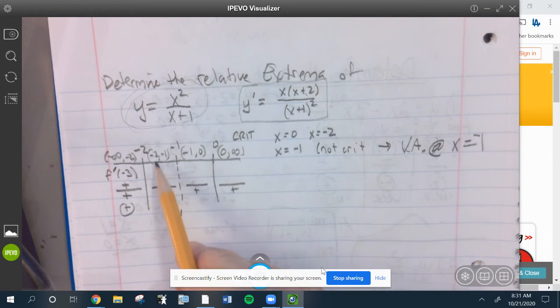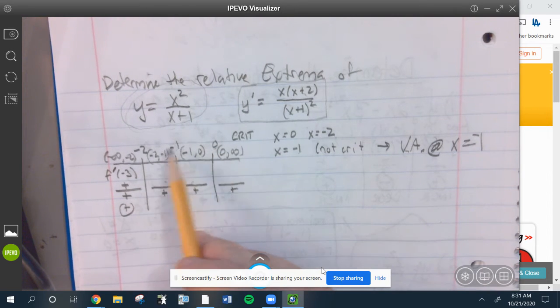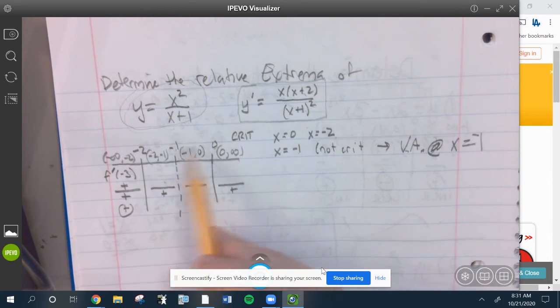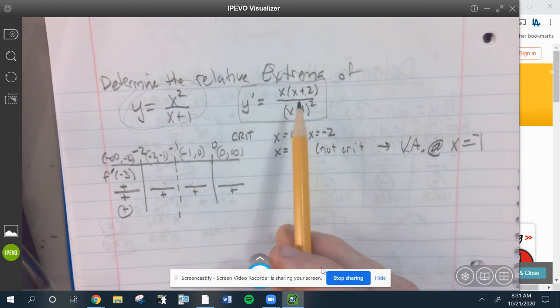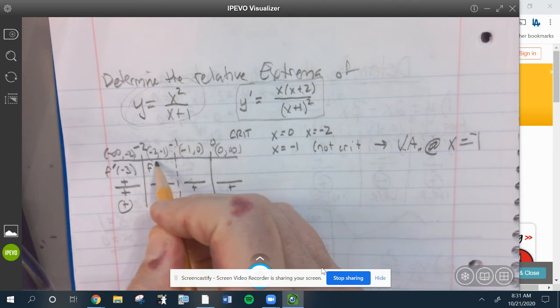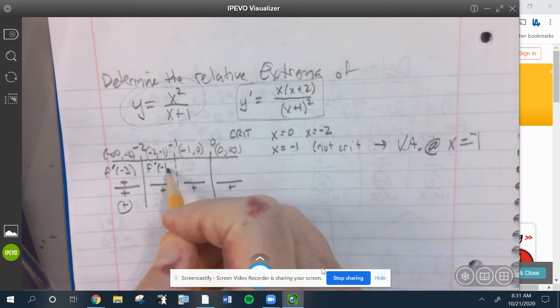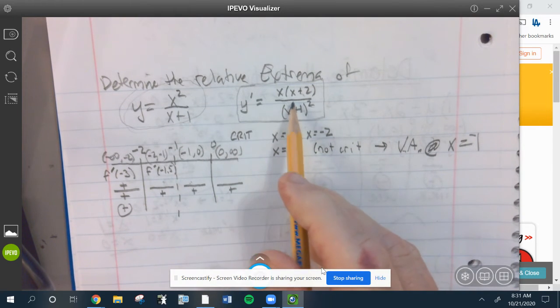We need to pick a number between -2 and -1. It's unfortunate that these intervals are so close to each other. Are these extrema, or these critical numbers and vertical asymptotes, I mean. But it's not that big of a deal, because we're just going to use the rules of multiplication on this. So I can pick f prime of -1.5, and it's not going to be that hard to determine if this is positive or negative.